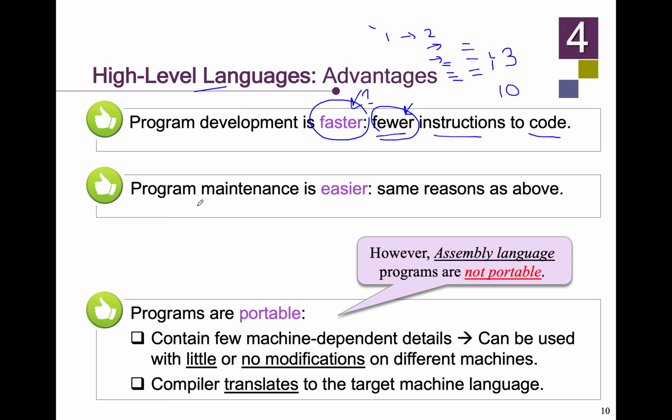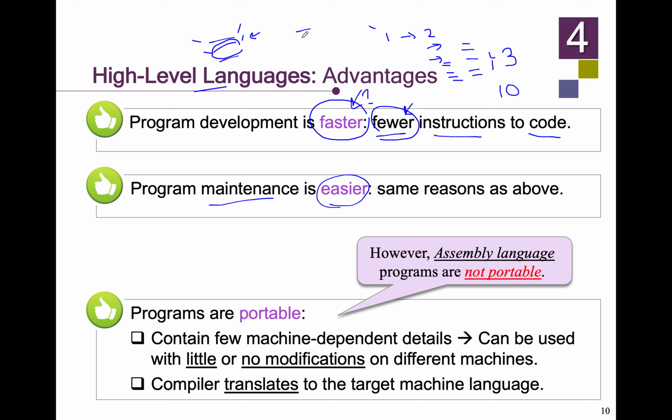Second advantage is that program maintenance is easier. It's easier for you to maintain because you have only 3 lines. It's also easy if you want to change the second line, or maybe you find an error, then you know, okay, it's easy to find out.